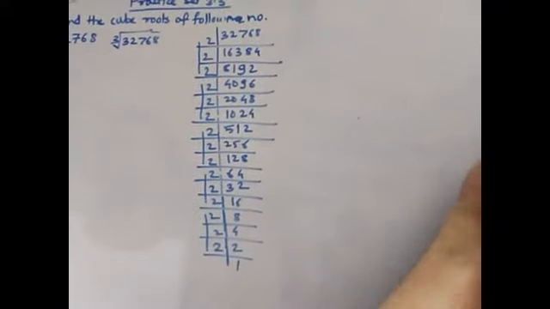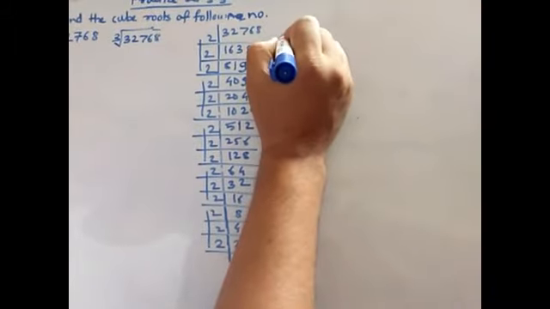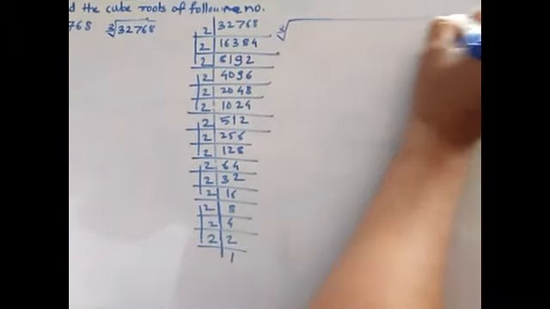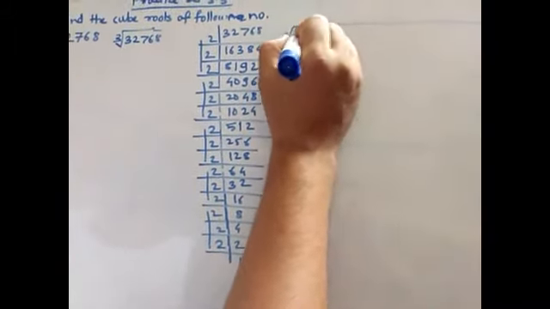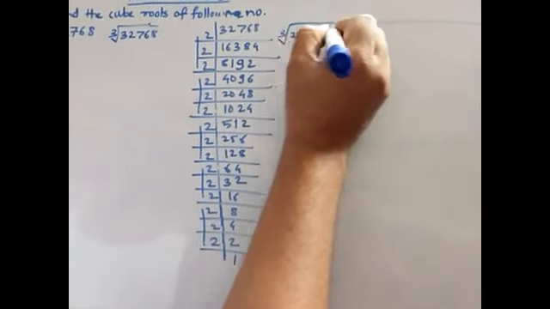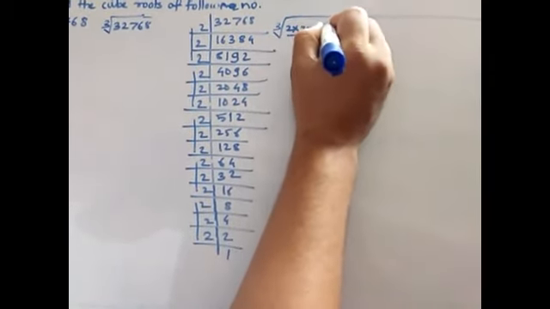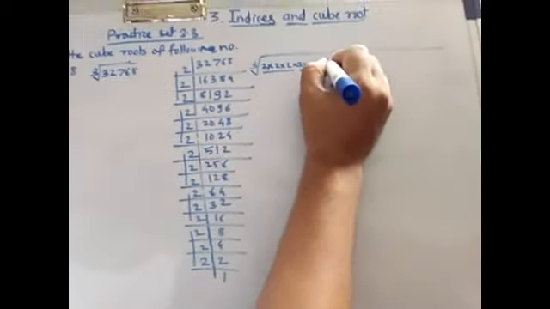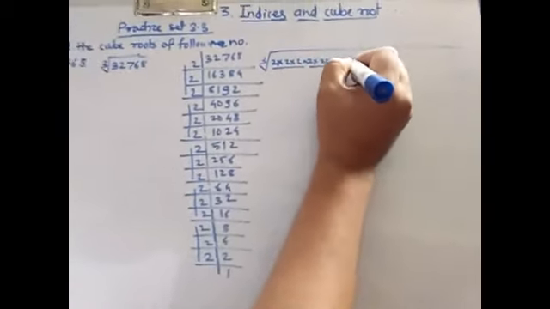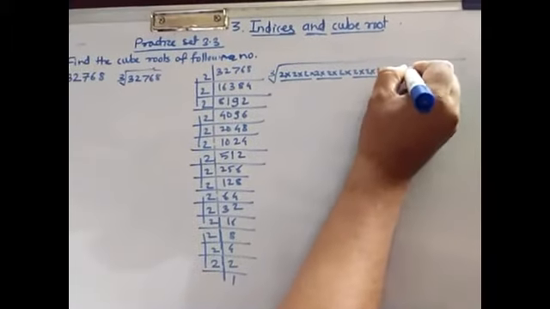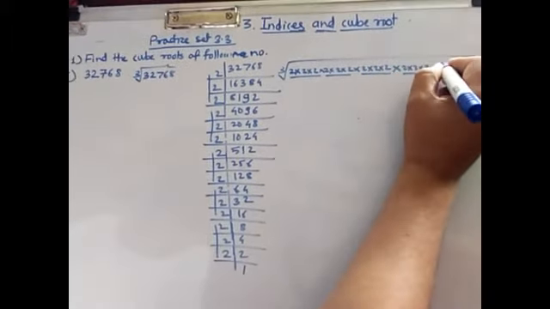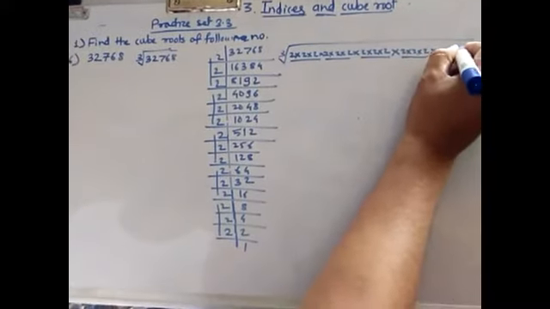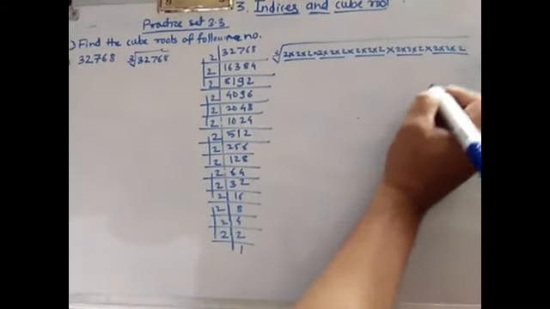We write down the pairs: 2 into 2 into 2, this is one pair, and 2 into 2 into 2 second pair, then 2 into 2 into 2 third pair, then 2 into 2 into 2 fourth pair, then 2 into 2 into 2, this is the fifth pair.